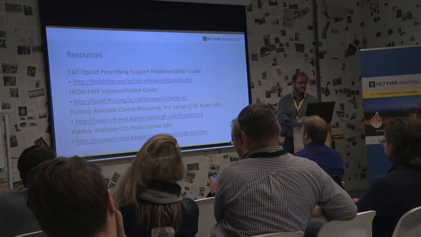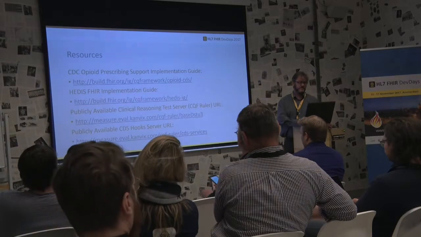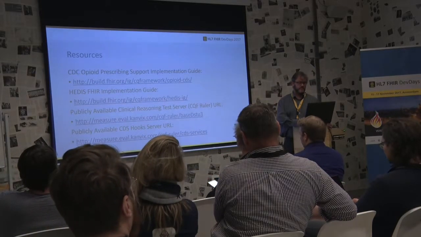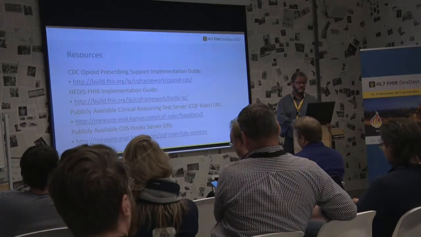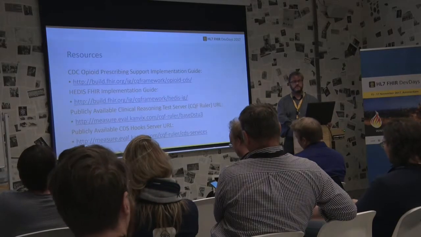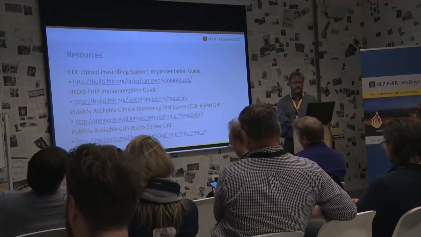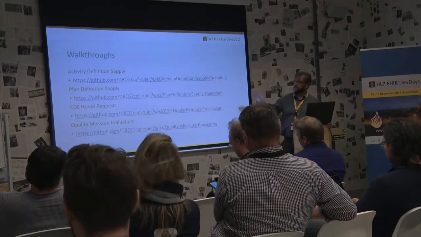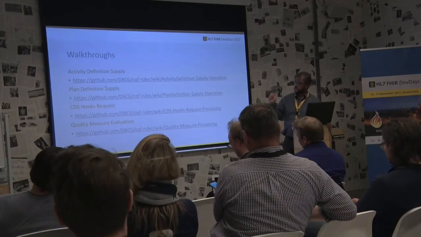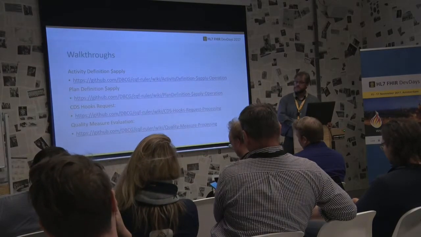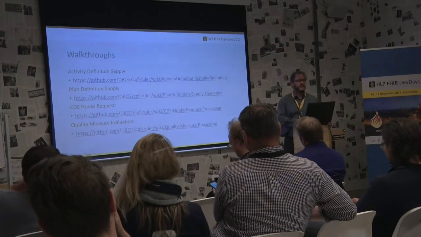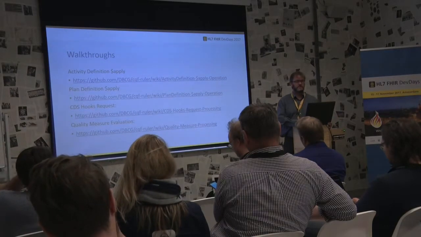And then these are publicly available test servers that can actually run these. So if you want to run that screening measure, you can use that endpoint to do it. And then there's some walkthroughs that walk you through doing that with those endpoints. So these are kind of the exercises for the track, if you are so inclined.